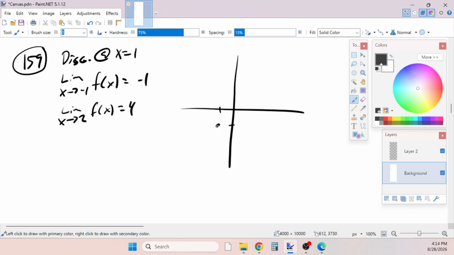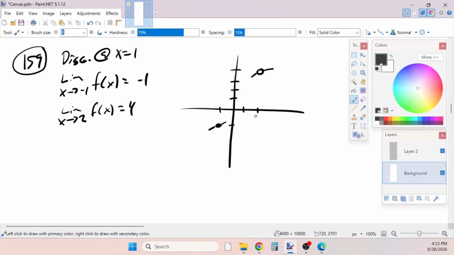I'm just going to put a dot right here and a little line coming off of it. That'll get me the limit that I want. And then at 2, we want the limit to be 4. It doesn't say it has to be continuous, and it doesn't say it has to be discontinuous. I chose the last one to be continuous, so I'll choose this one to be discontinuous. Now the limit is 4, even though the value of the function is not 4 at x equals 2.